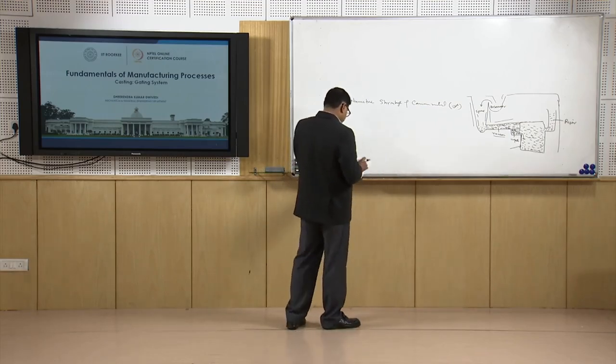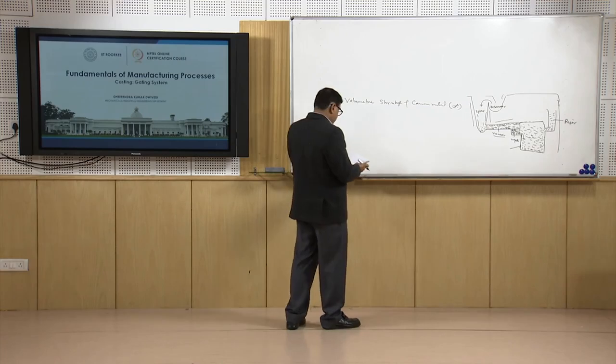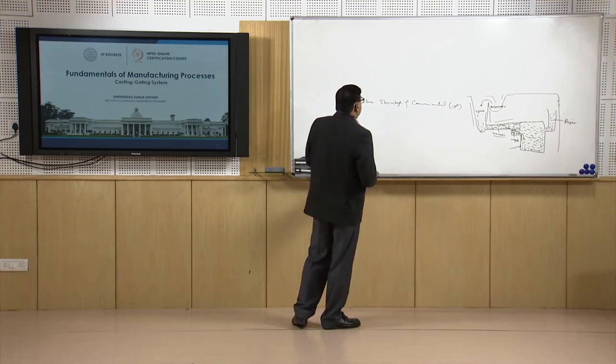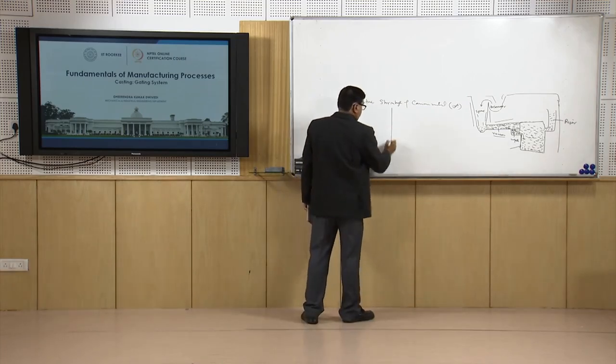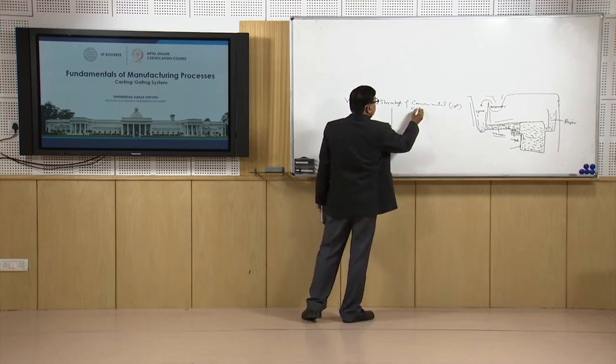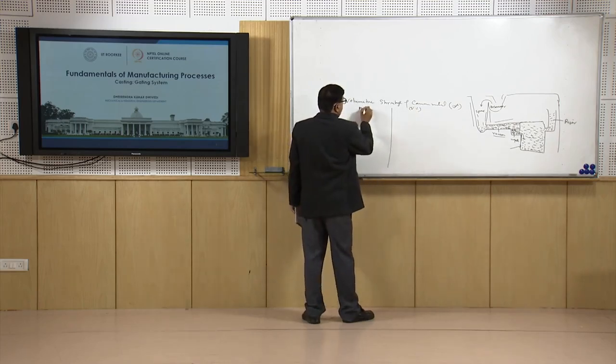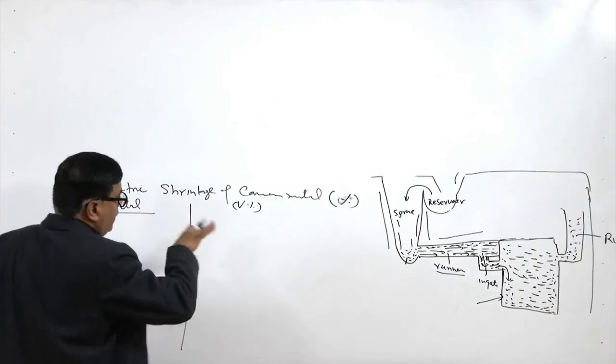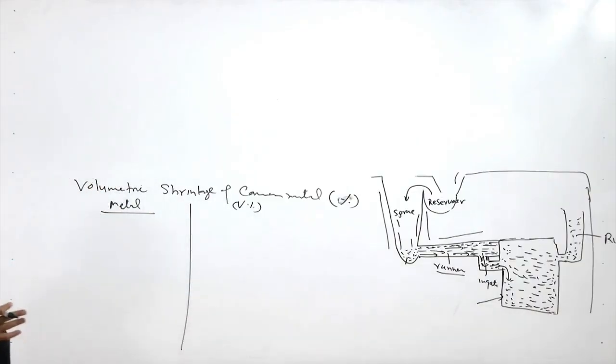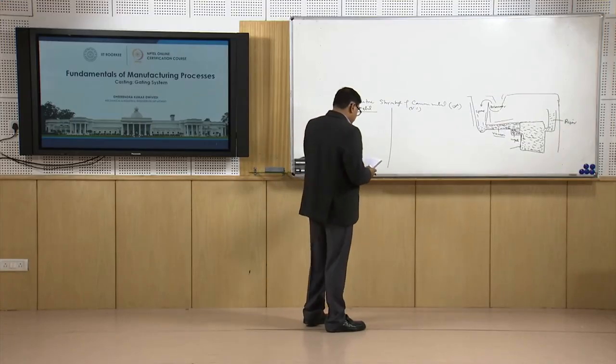For this purpose, we use the shrinkage of the different metals. Here this is the volume percentage and here we have the metals. The metals having a higher volume percentage shrinkage need a much larger reservoir as compared to those having low volumetric shrinkage.